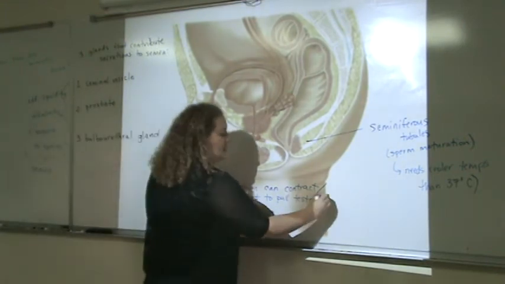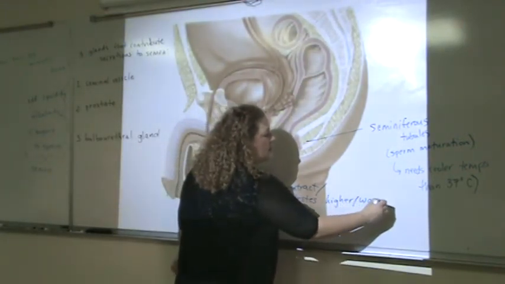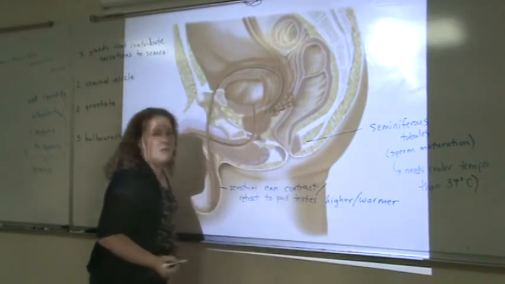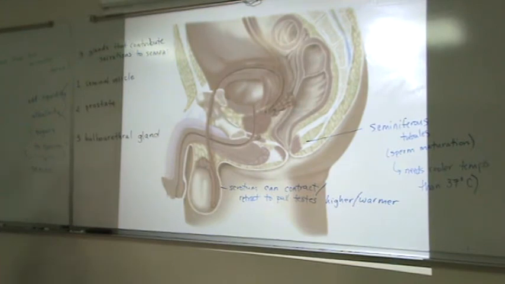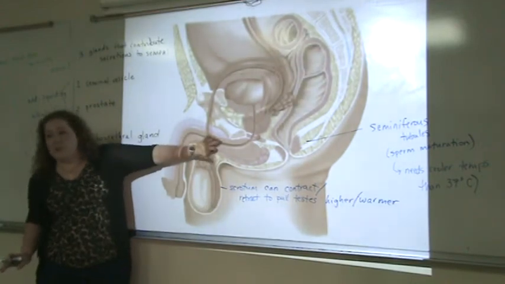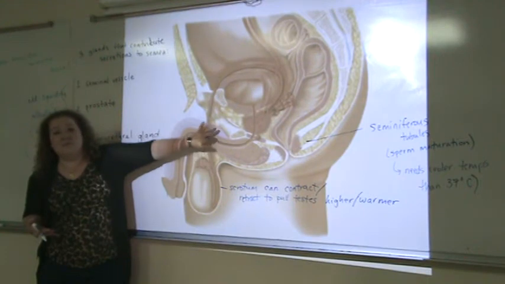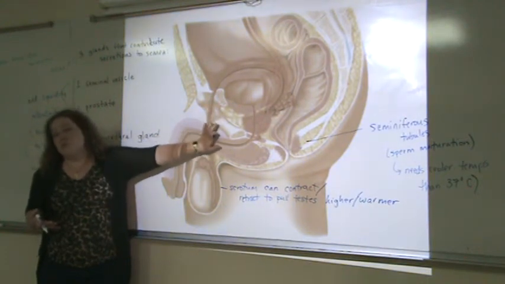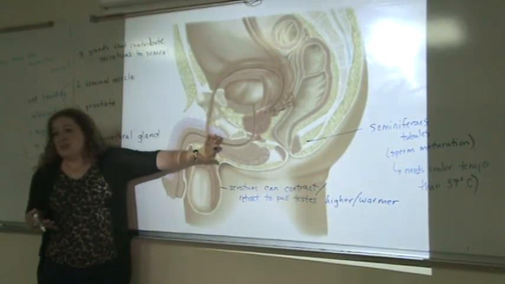They can pull the testes higher, which makes them warmer. So this would tend to happen in cold temperatures, and cold testicles, the scrotum can retract and pull them up closer to the body so they stay warm. So that you don't, it's like Goldilocks. You don't want to be too hot, you don't want to be too cold. That's a process that can happen.